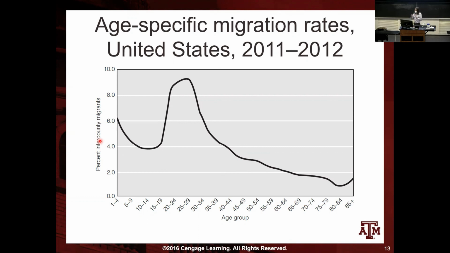And usually the pattern of migration, we see that these children here, these rates, they reflect the rates of their parents. These are the parents migrating with their children. And these ones here are people moving because of going to college, or after they finish college, they move to another place where they get jobs.